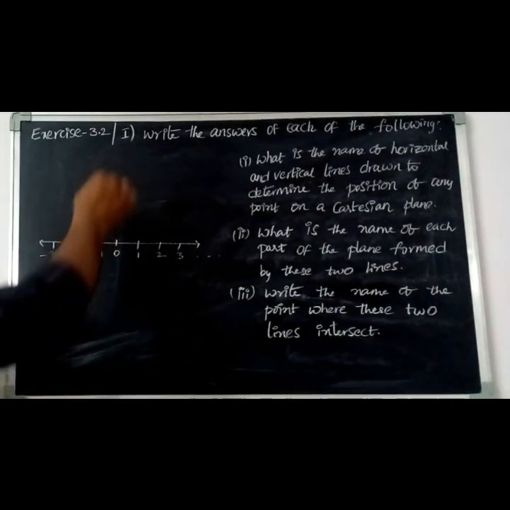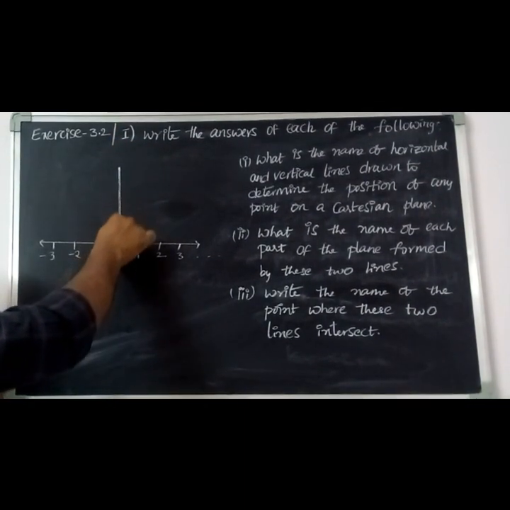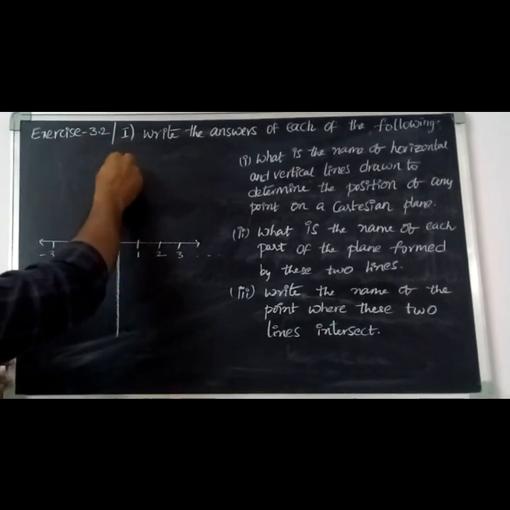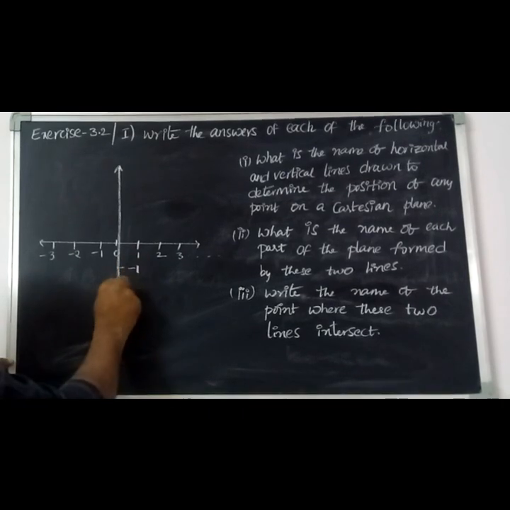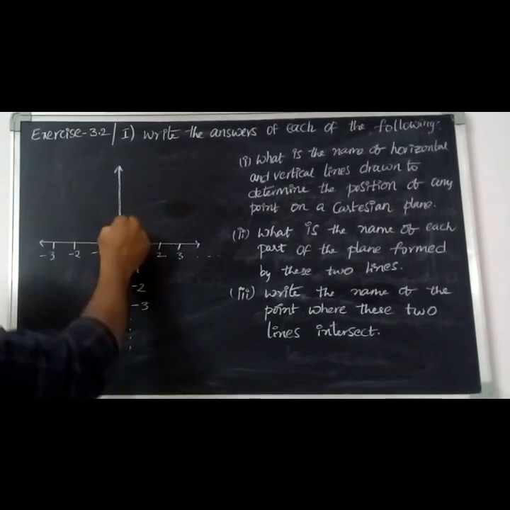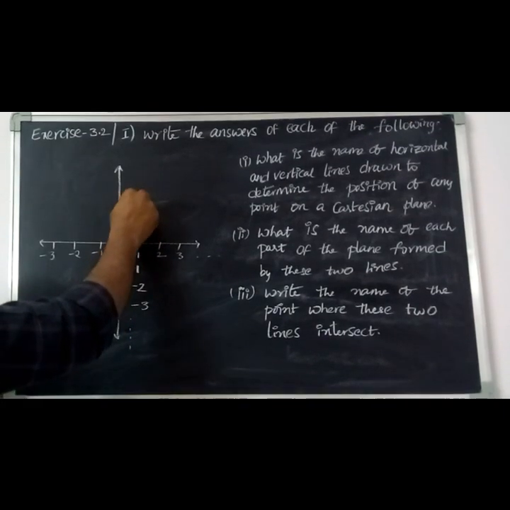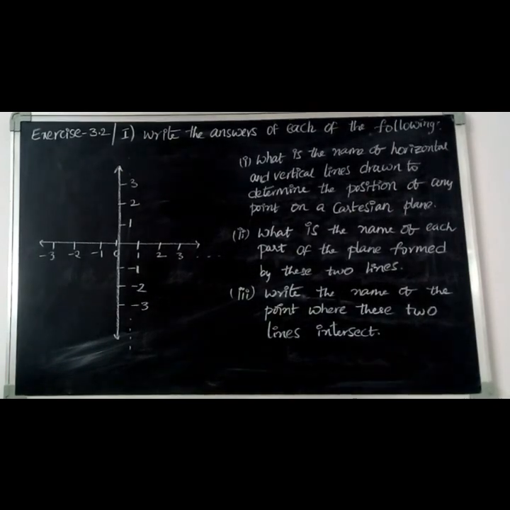And one more, a vertical number line, I am taking here: 1, 2, 3, and so on. This is a vertical number line.